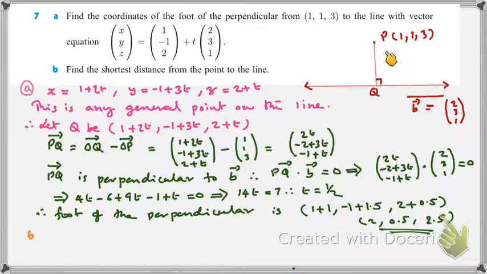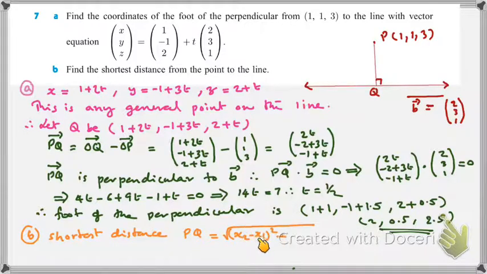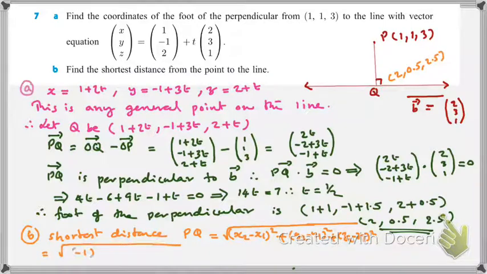And then the next question is to find out the shortest distance between P and Q. So the shortest distance PQ will be the root of (x2 minus x1) the whole square plus (y2 minus y1) the whole square plus (z2 minus z1) the whole square. I mark one of them as x1, y1, z1, the other as x2, y2, z2, and put it in the formula.